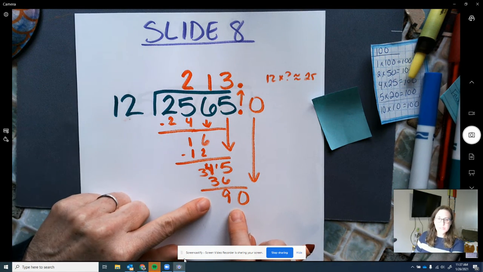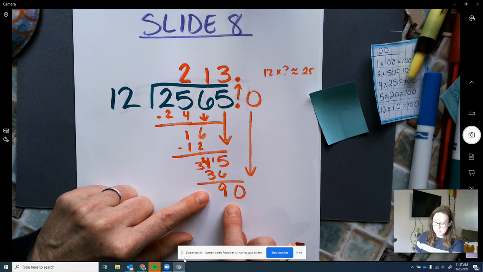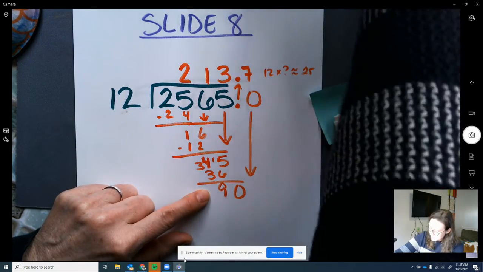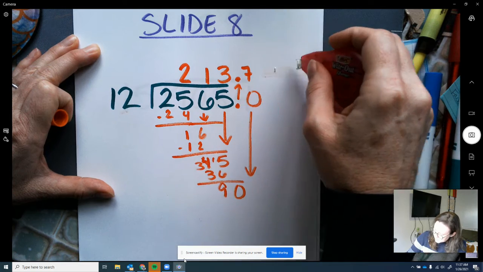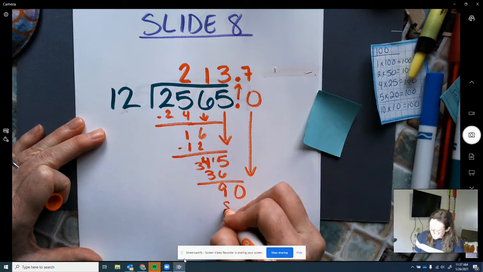And 12 goes into 90. Well, 12 times 8 is 96. 12 times 8 goes over. So 12 times 7 is 84.